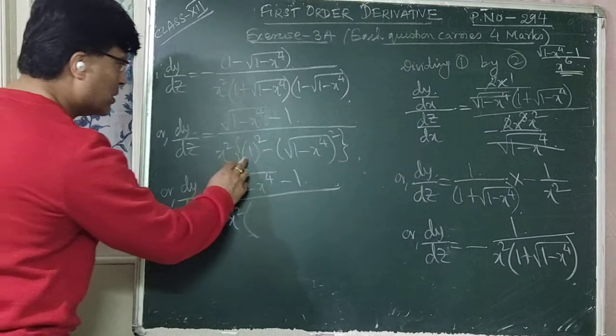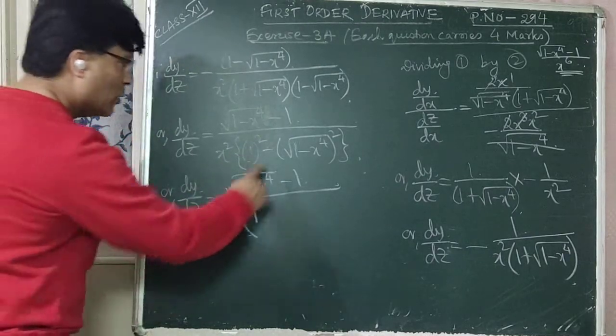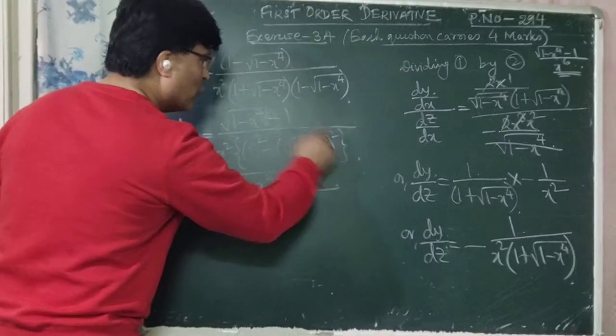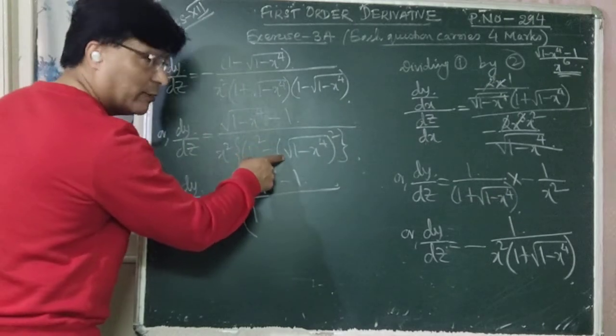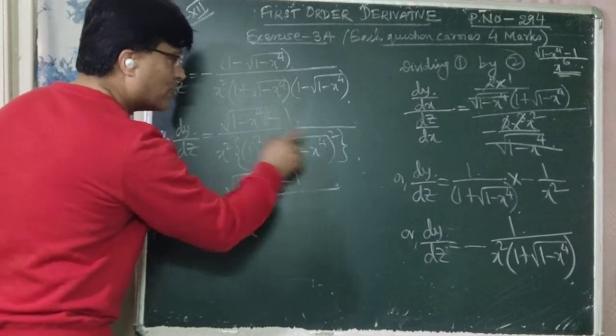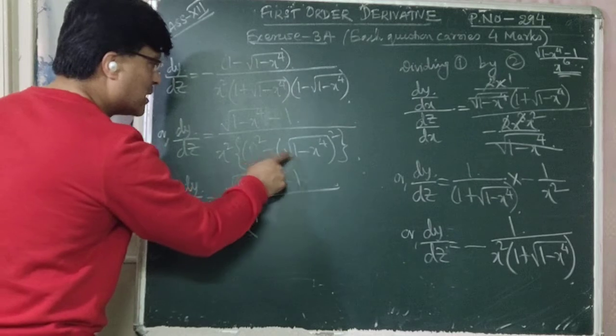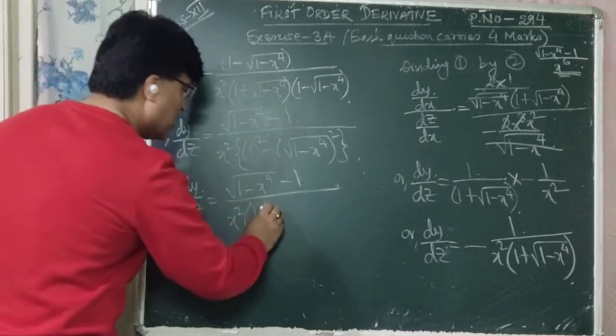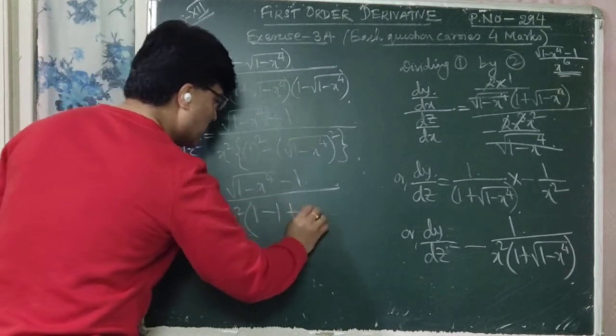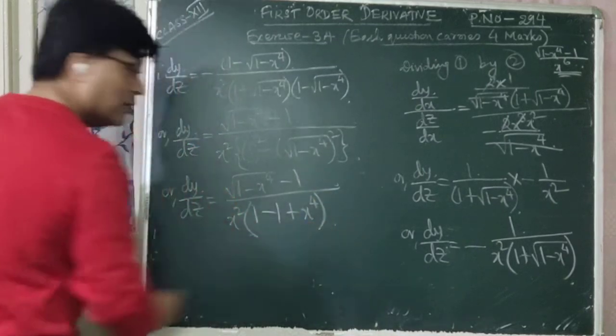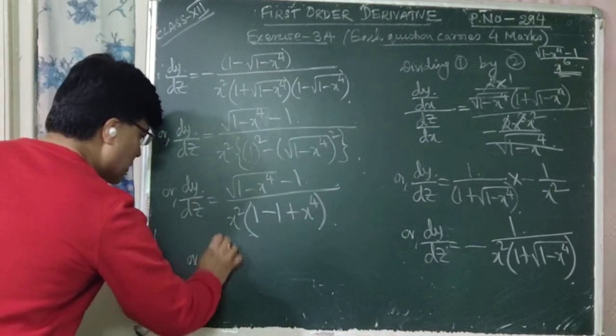What do we get? What is 1 whole square? 1. What is root over 1 minus x to the power 4 whole square? Its square root will be removed. You will get 1 minus x to the power 4. But because of this minus sign here, the sign changes. That is minus 1 minus into minus plus x to the power 4. Right? So, or what is dy by dz now?